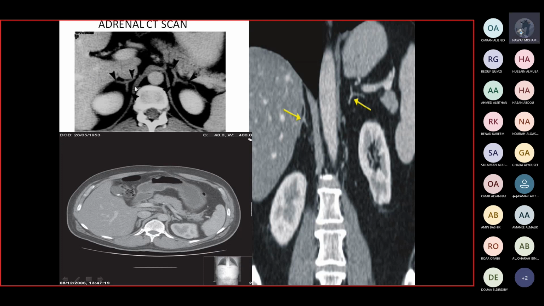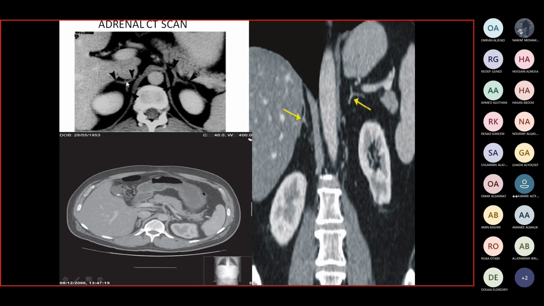Liver, right lobe of the liver. Yes. What is this? Diaphragm. Yes, thank you. This is the diaphragm. This is the crura of the diaphragm. This is the right crus.